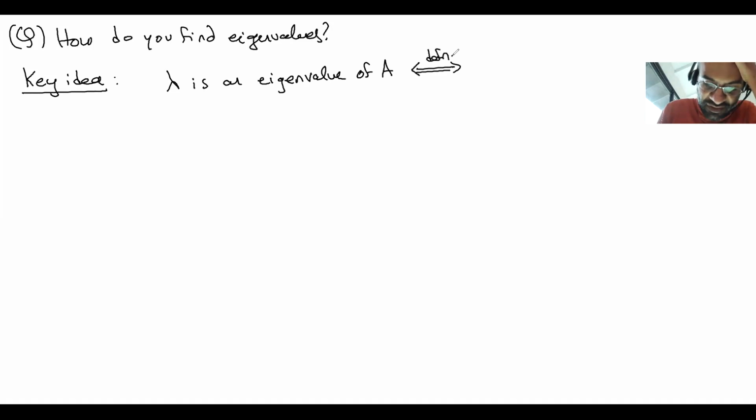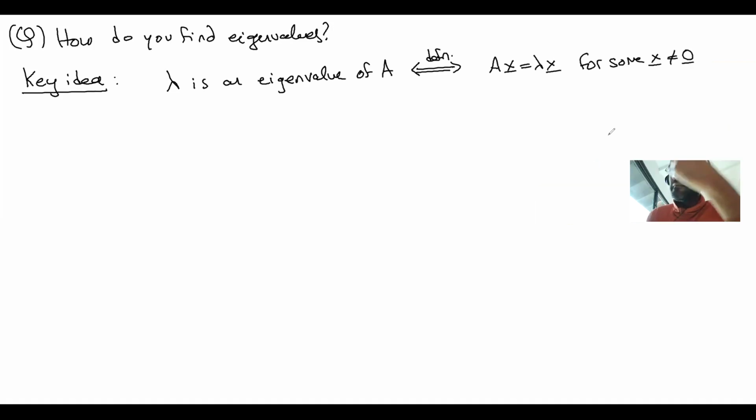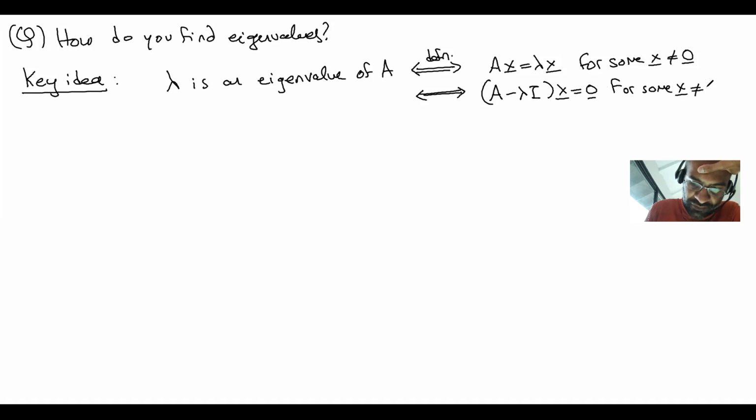The definition is that AX equals lambda X for some non-zero vector X. And we just noticed that that's equivalent to some statement about the null space, right? This is equivalent to saying A minus lambda times identity, times X, equals 0 for some X not equal to 0.